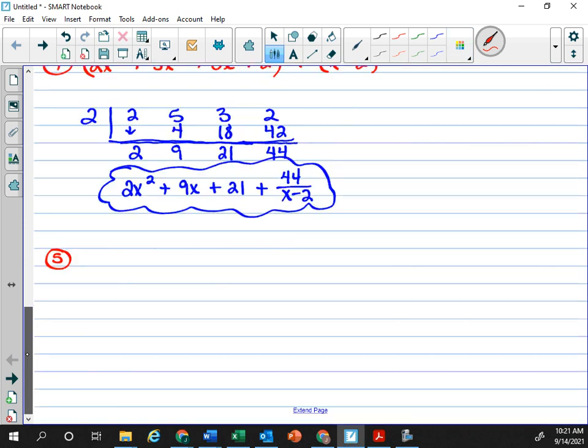All right, let's try again. So let's say we've got x cubed plus 2x squared plus 7x plus 5 divided by x plus 5. Okay, so try that one with synthetic division. You get a decent sized remainder on this one, so don't doubt yourself.